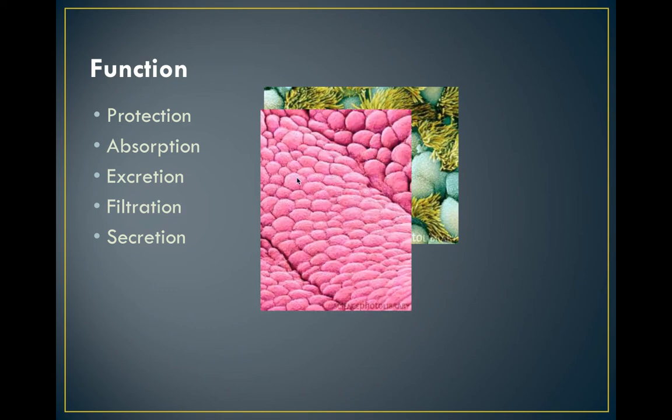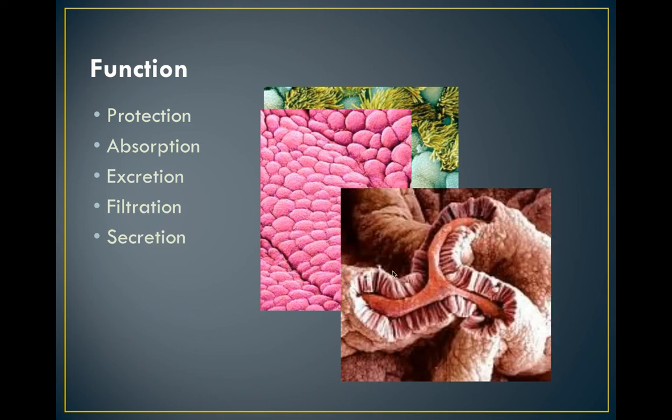This is the surface of, I believe, your kidney. Or no, this is your small intestines, which is really good for absorption. The cells look quite different, but they are all epithelial cells unified by those characteristics that we just listed prior.